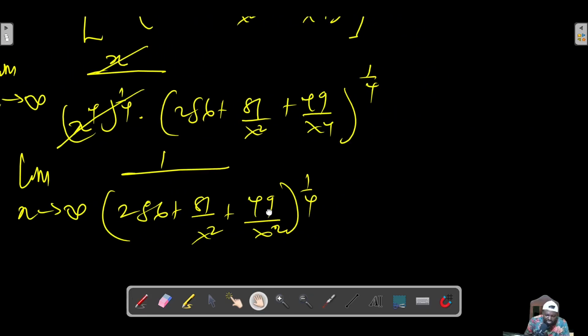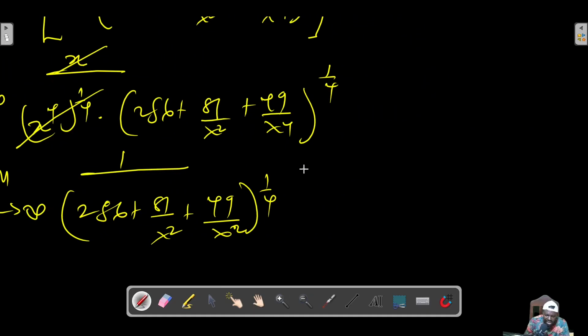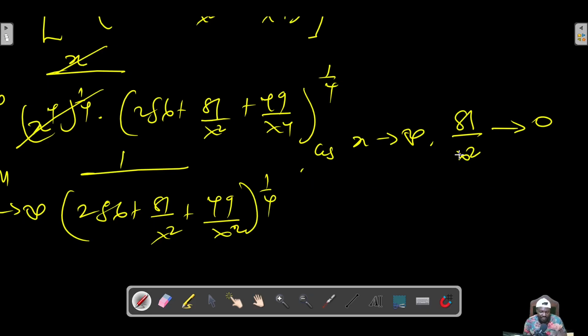Now, I've already said this in the previous lecture: as x approaches infinity, 81 over x squared will approach 0, because it is 81 divided by a large value squared. The same thing, 49 on x to the power 4 will also approach 0.